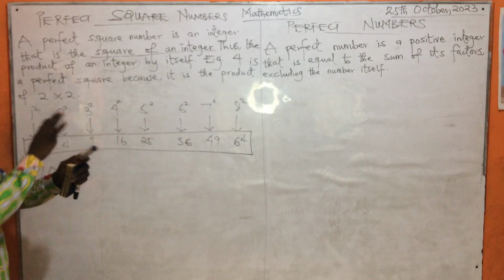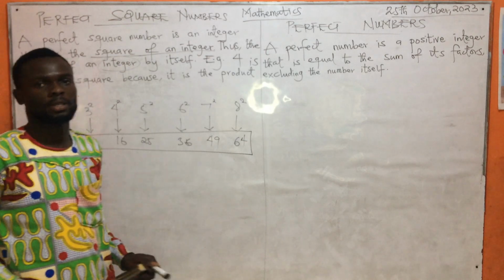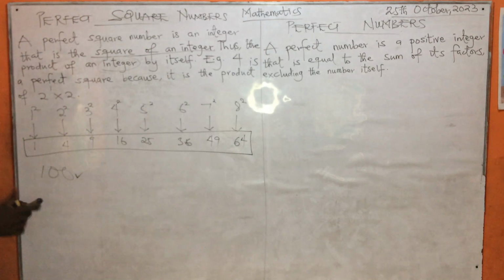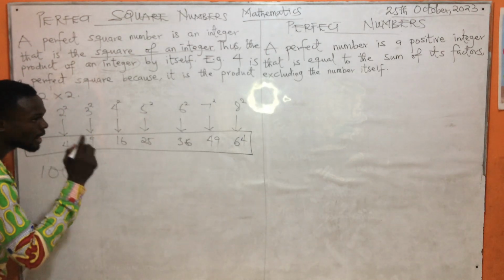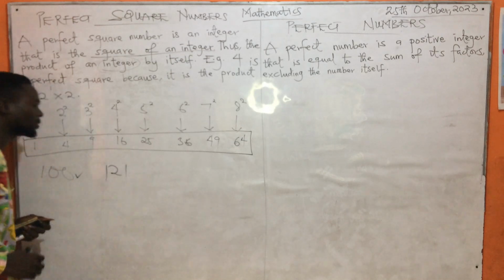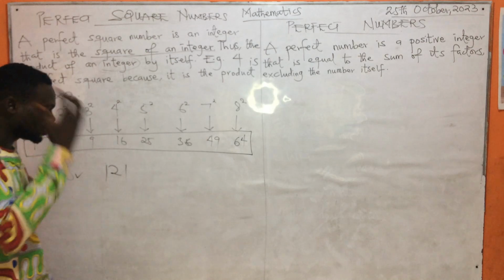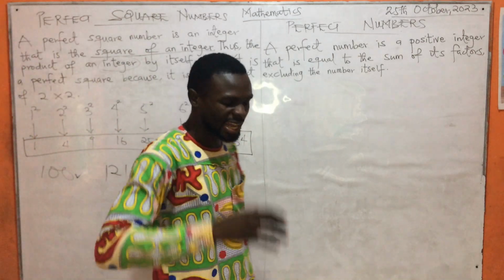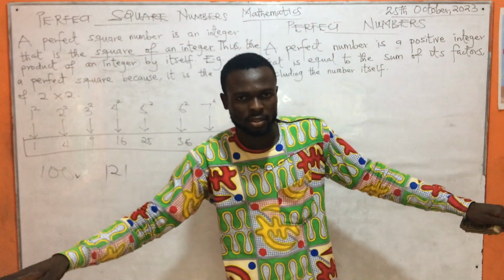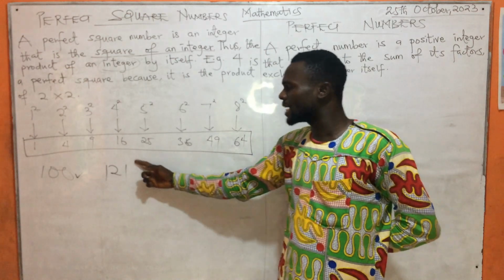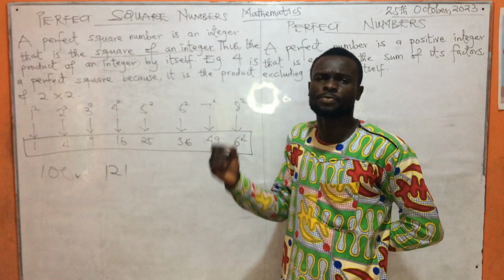And that is all about perfect square numbers. If I take the number, let's say, 121, you are being asked, is 121 a perfect square or not? How can I know that 121 is a perfect square?